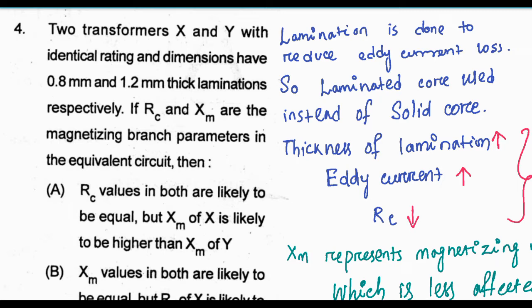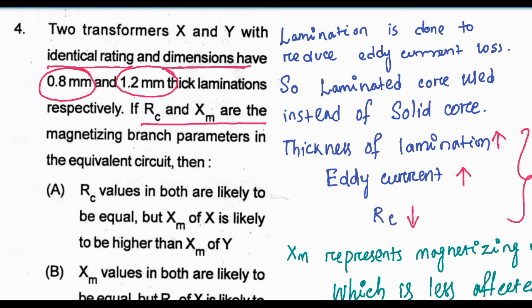Two transformers X and Y with identical rating and identical dimensions. X has a lamination thickness of 0.8 mm and Y has 1.2 mm. That means Y has more lamination thickness. Then RC and XM are the magnetizing branch parameters in the equivalent circuit.